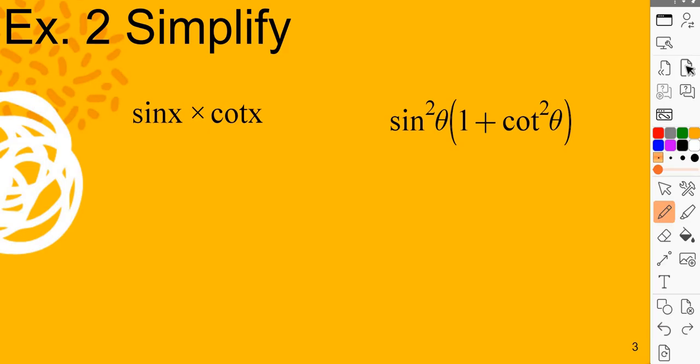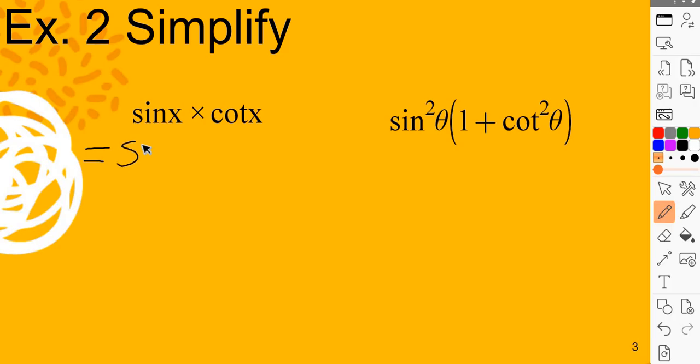Which one of our trig identities has both a sine and a cotangent in it? Yeah, our quotient identity has both a sine and a cotangent.